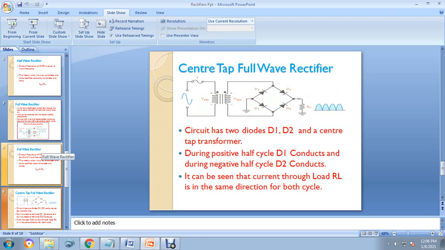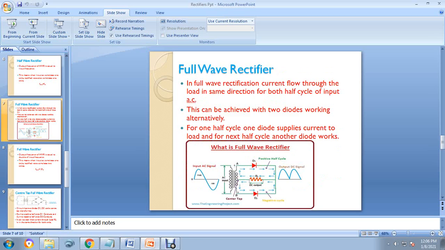Now, in the case of the full wave rectifier, we are using the center tap transformer. With the center tap transformer, DC saturation of the core of the transformer is possible in the case of the full wave rectifier.